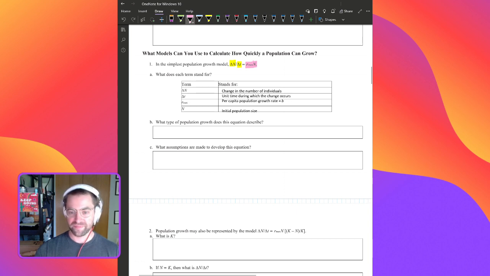All right. What type of population growth does this equation describe? This formula describes exponential growth of a population, and this will look like a J-shaped curve.